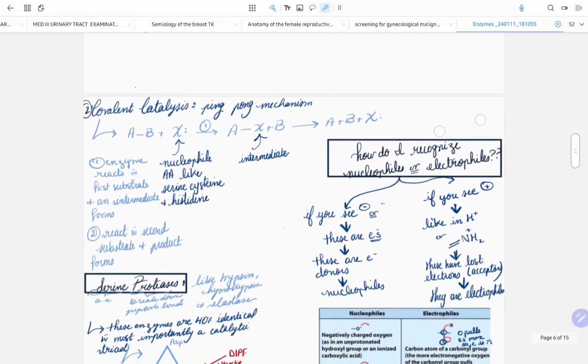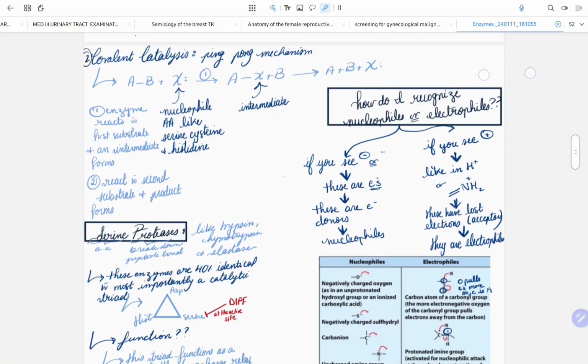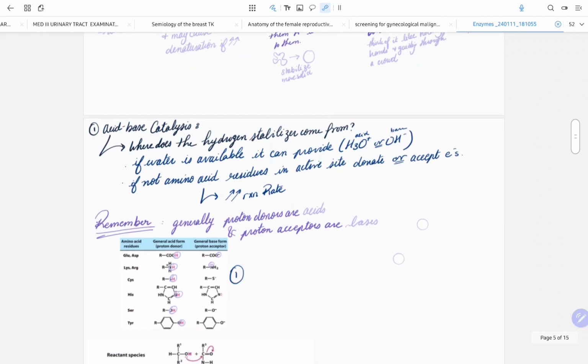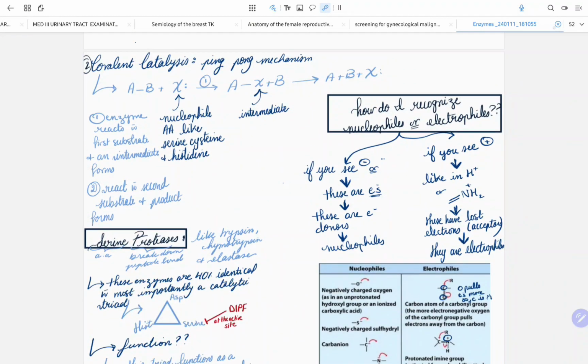So the second type of enzyme catalysis is gonna be covalent catalysis. So the first type was acid-base catalysis. Now the second type is gonna be covalent catalysis. So in covalent catalysis, a substrate is gonna be bound to the nucleophile that is found on the active site of the enzyme, and this nucleophile is gonna be an amino acid residue like serine, cysteine, and histidine.